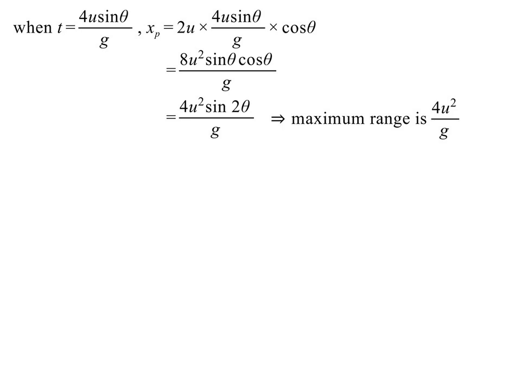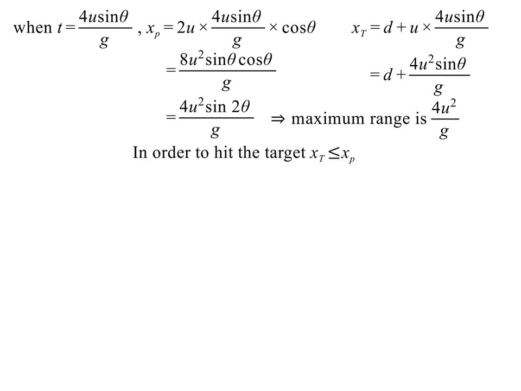What about our target? Where's that going to be? So d plus ut, we end up with d plus 4u squared sine theta on g. Now I want the projectile to hit the target, therefore at the time it hits the ground, that target can't have gone further than where it hits, because then I've got no chance of hitting it if it's already gone past that point.